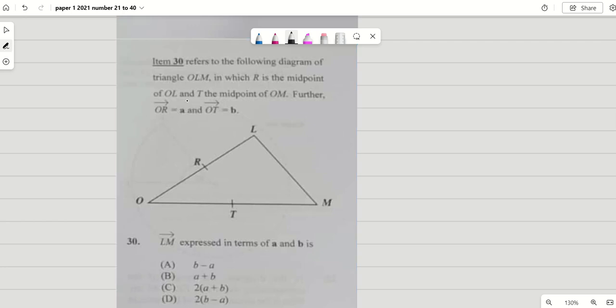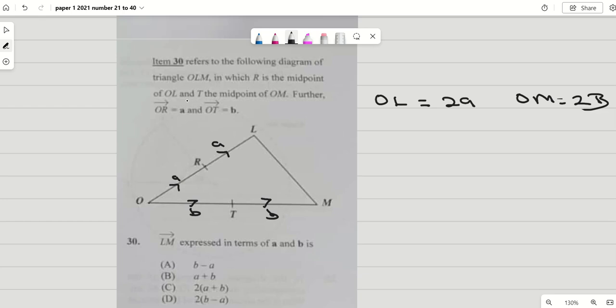OR is A, so we're going this direction here, and OT, from here to here, is B. Express LM in terms of A and B. First off, OR is half of OL, so from R to L would also be A. Same thing, if OT is half of OM, then TM would also be B. So OL equals 2A and OM equals 2B.